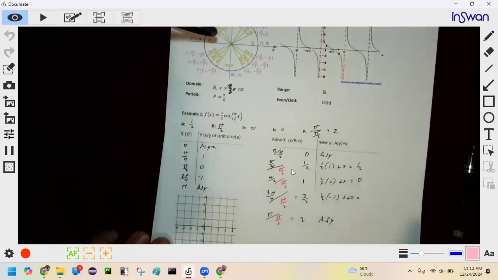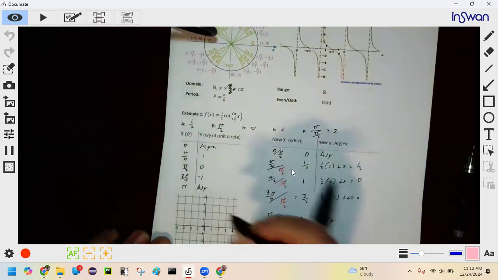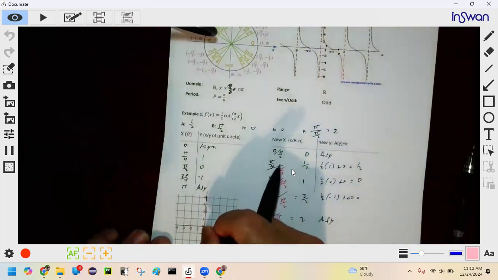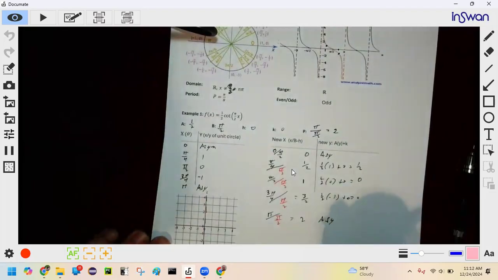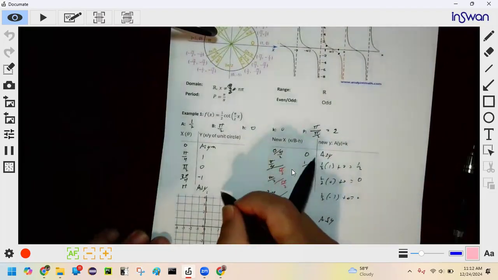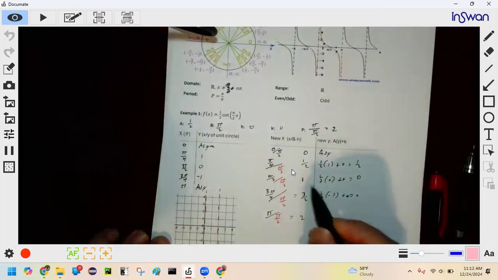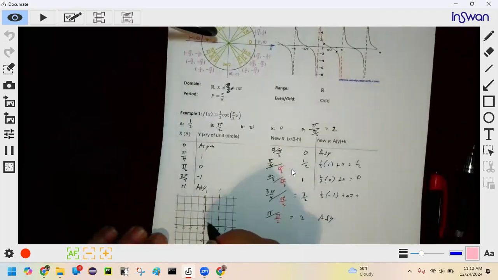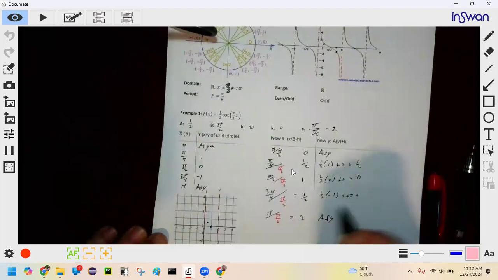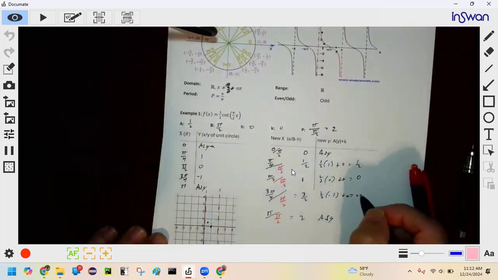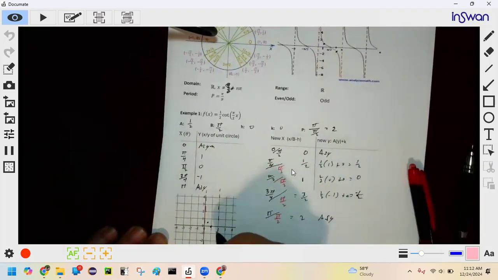Okay, so at 0 we've got an asymptote, at 2 we have an asymptote. Between there, at 1 half, 1 half, at 1, 0, and at 3 halves, should have been a -1 half there.